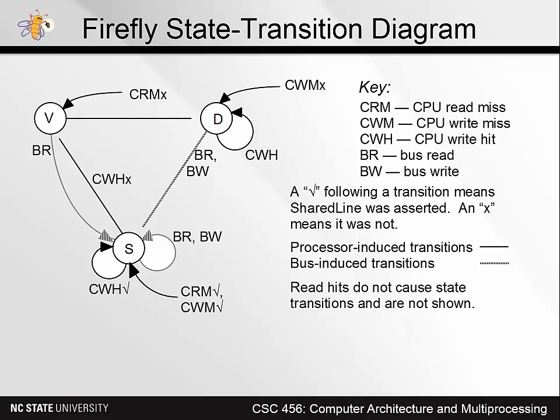If the block is in state V and another processor reads it, it goes into state S. What happens if another processor writes it? Well, we know it won't be invalidated because this is not an invalidation protocol, so it must be updated, and since it is now being shared, it also goes into state S. That is not shown on the diagram, however.